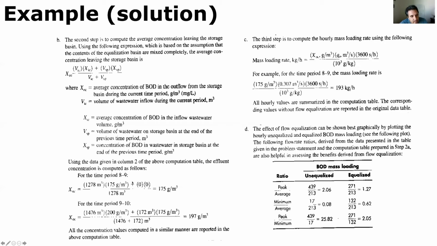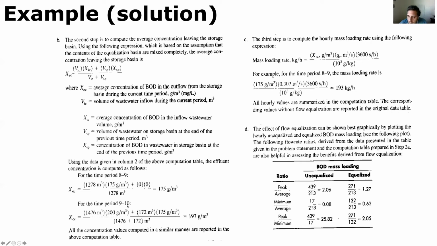So that tells us how much BOD we have, mass, in the storage tank, and we divide that by the total volume in the storage tank, which in this case is just equal to 1,278 because we started with a volume of 0, so there was nothing in there to begin with. And you can see this is a very simple calculation. We get back 175 milligrams per liter, but just to demonstrate the calculation. Okay, so after time period 8 to 9 at 9 a.m., we've got 175 milligrams per liter.